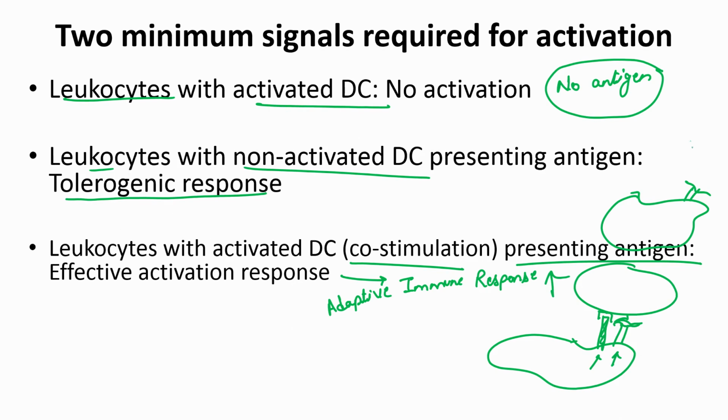If you have only one signal, either the antigen or just the co-stimulation, there is going to be no activation, or a tolerogenic response will be built up. That is how the body has put in a check that there needs to be enough evidence that there is some problem with the system.